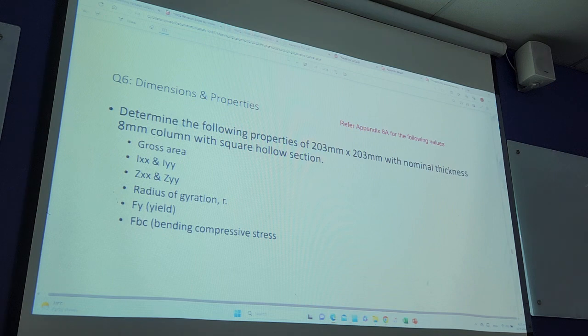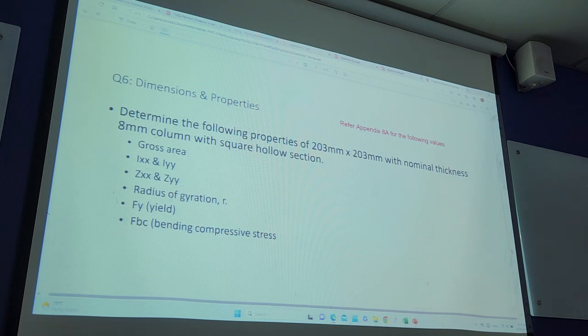Okay, now let us take a look at this. Determine the following properties of this column, 203 times 203 with nominal thickness 8 mm, a column with square hollow section. You can download the table from Canvas, then try to find these values from the table.